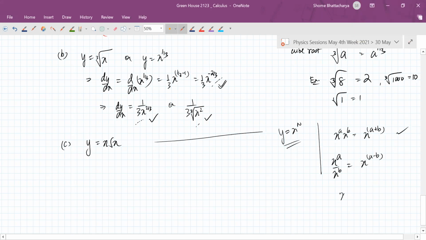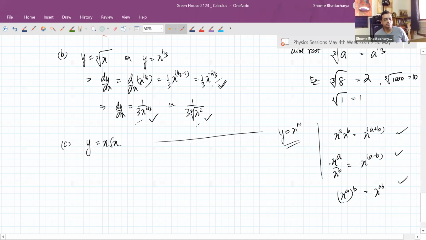Or if we had something like this, a into b. So these are some of the properties of indices that we can use in these type of questions. So we can say y is equal to x to the power three by two.